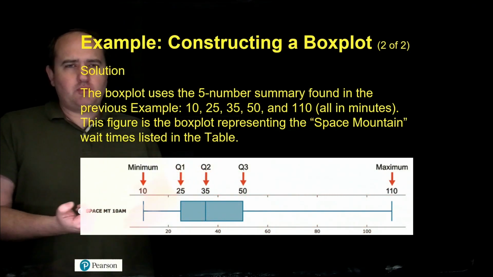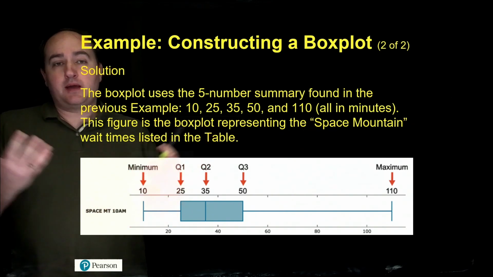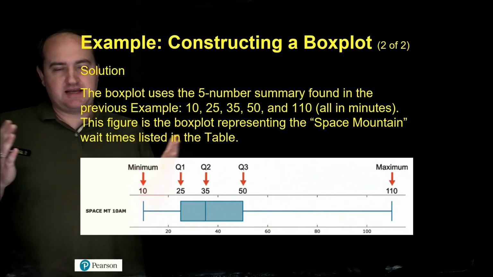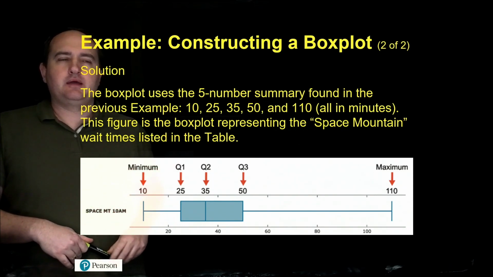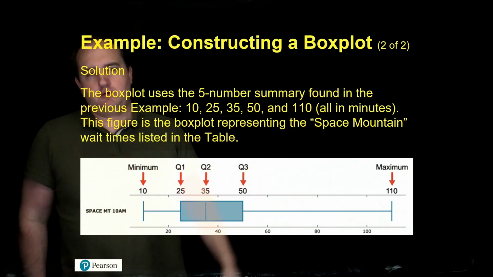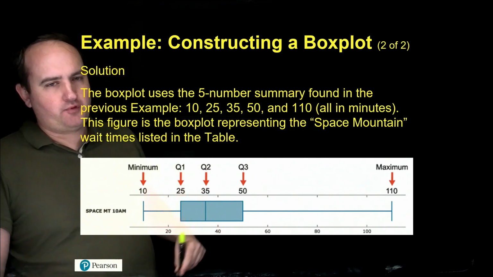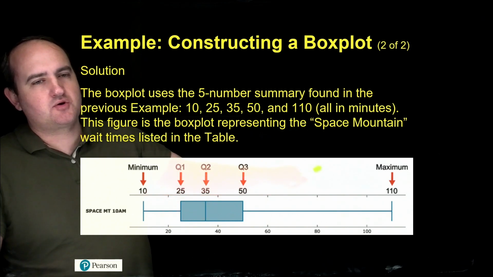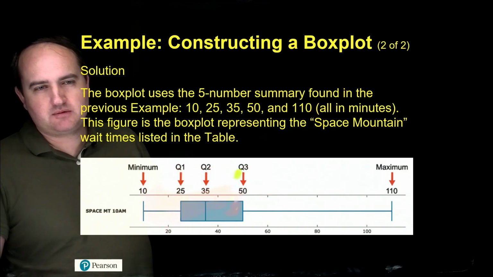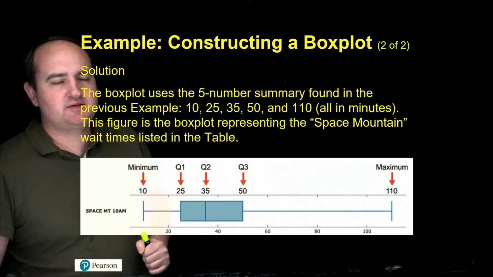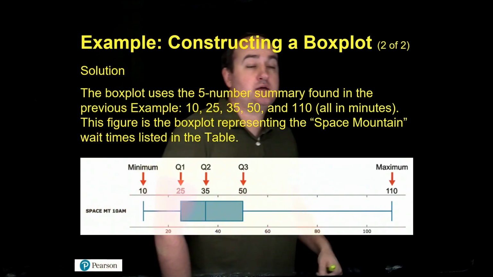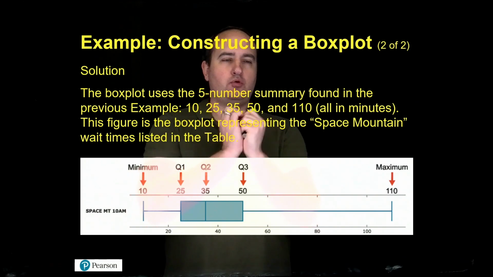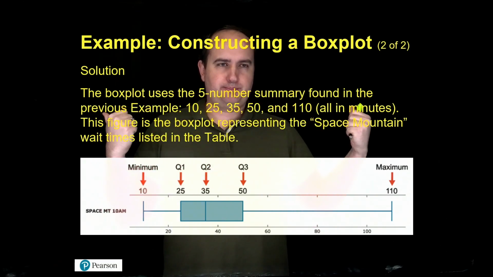Why is it useful? Well, obviously it's useful to have another way of graphing a data set. And a box plot is helpful because all that we're using to graph it is the 5-number summary, and it can show us whether the data is skewed to the right or skewed to the left, or if it's normal or if it's uniform.